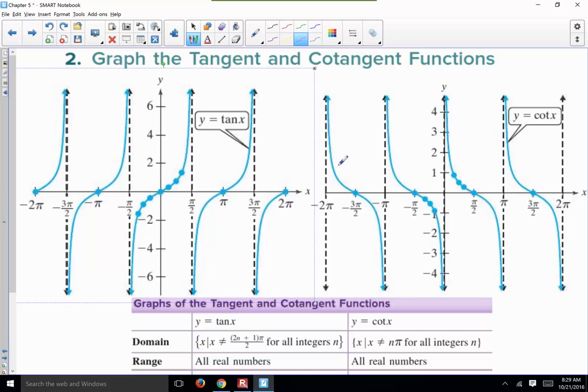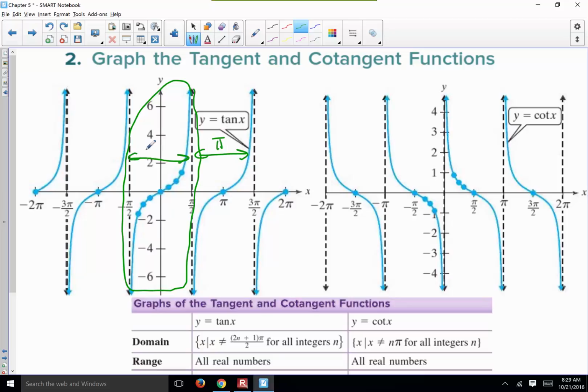They do the same shape more often. So it's pi only. Look, minus pi over 2 to pi over 2 is one frame. One picture keeps repeating more often: pi over 2 to 3 pi over 2. The distance is always pi.